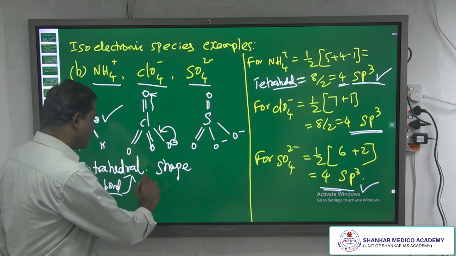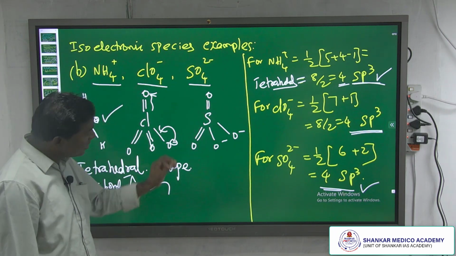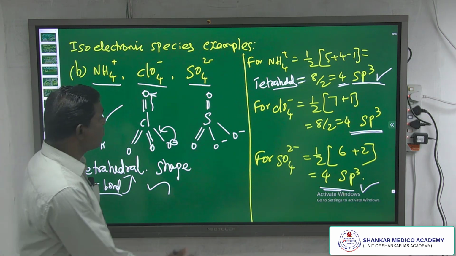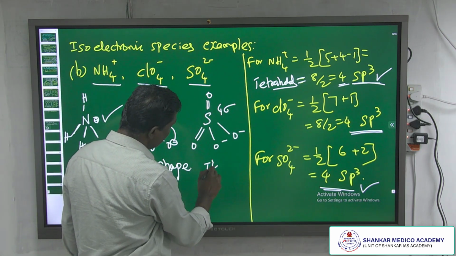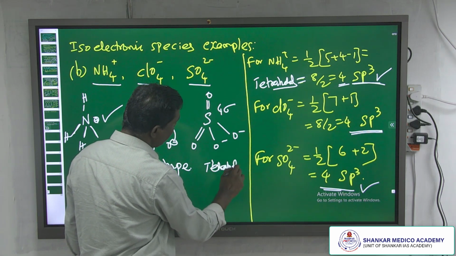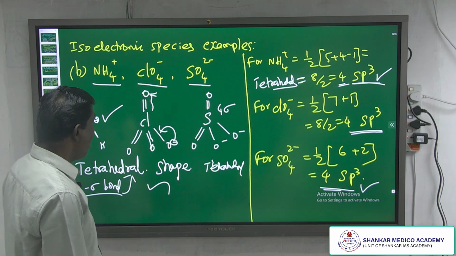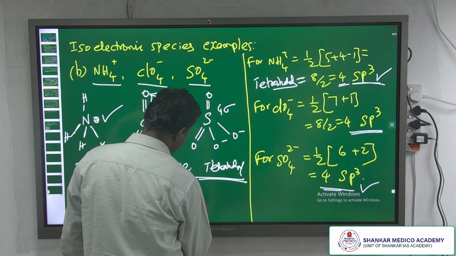So this is also tetrahedral. And here also sulfate, 16th group, it must have 6 bonds, and it also has 6 bonds, out of which 4 are sigma bonds. So this is also tetrahedral. So definitely these molecules, we can say that all of them are isostructural species.